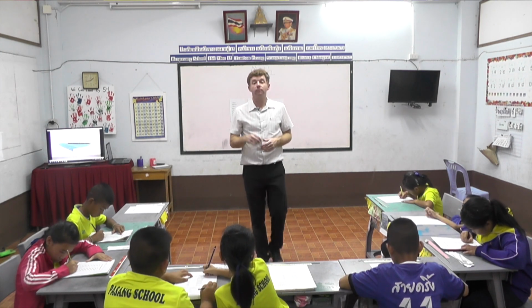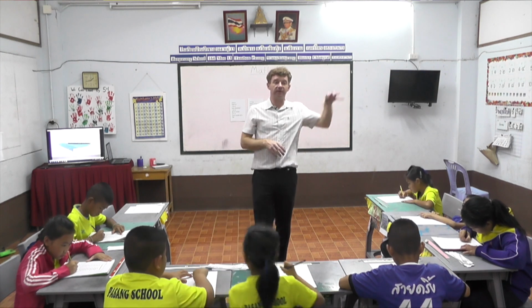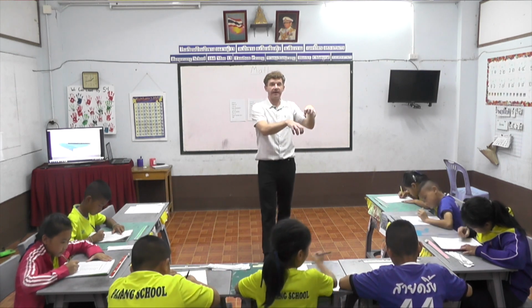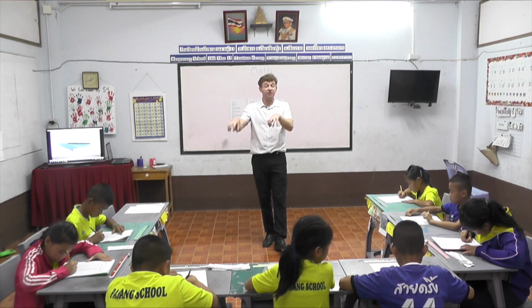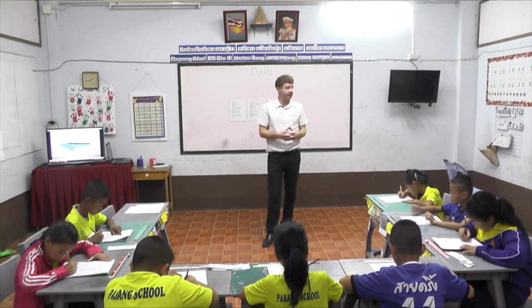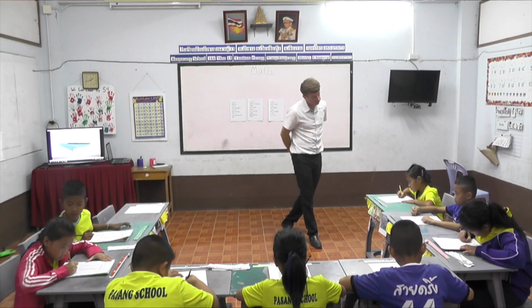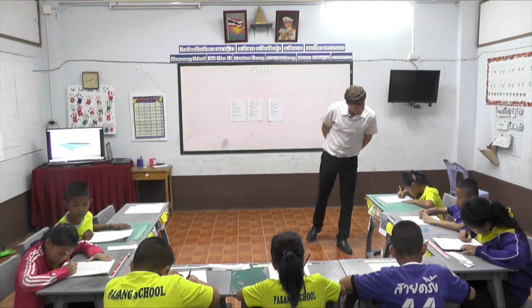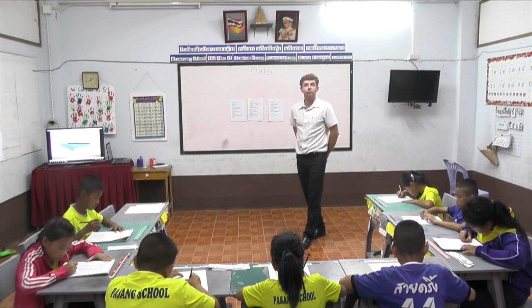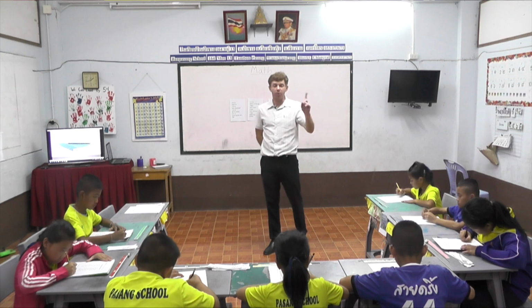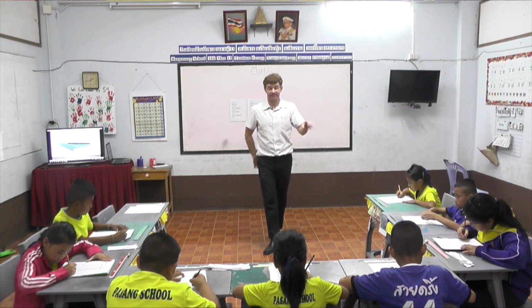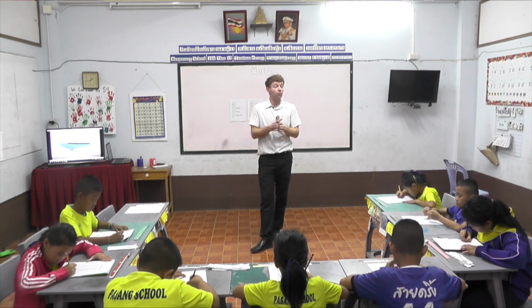Excellent. 2019. Yes, the date is the day, the date and the month and the year. Thursday, 28th of February 2019. Because when we keep a diary, one of the important things is the date, because we need to know the date on which we do things.